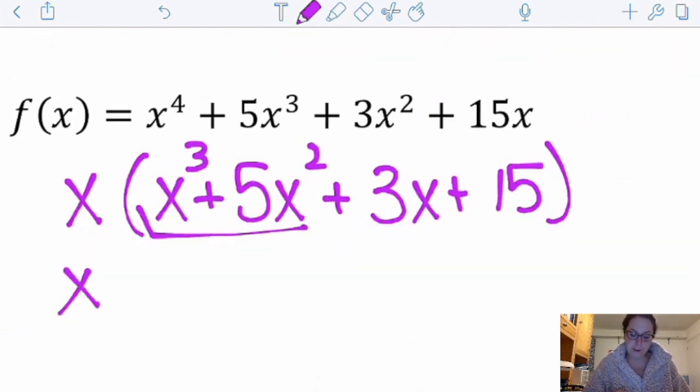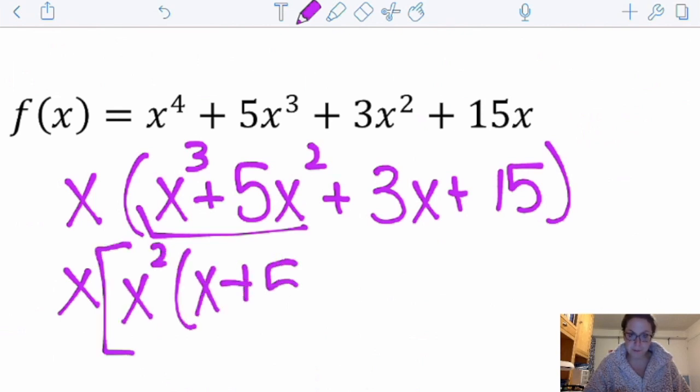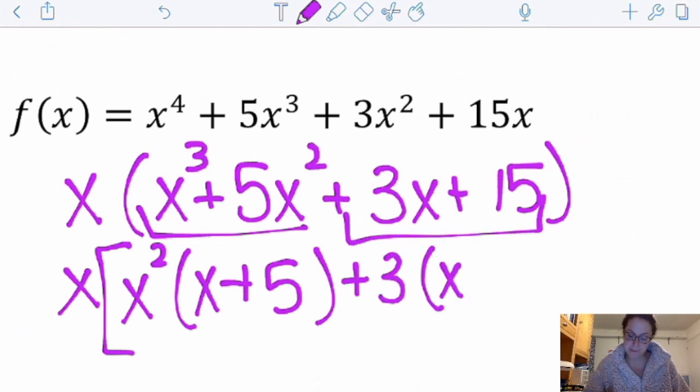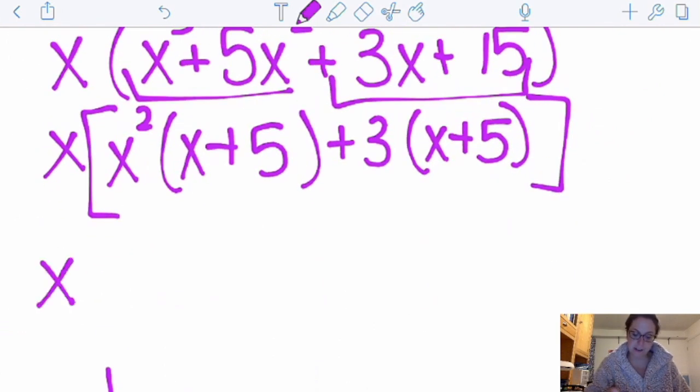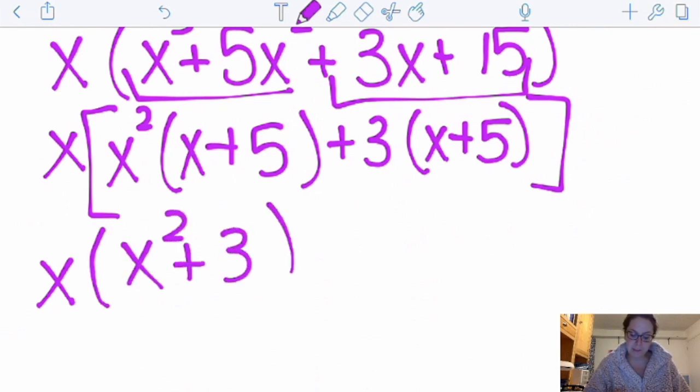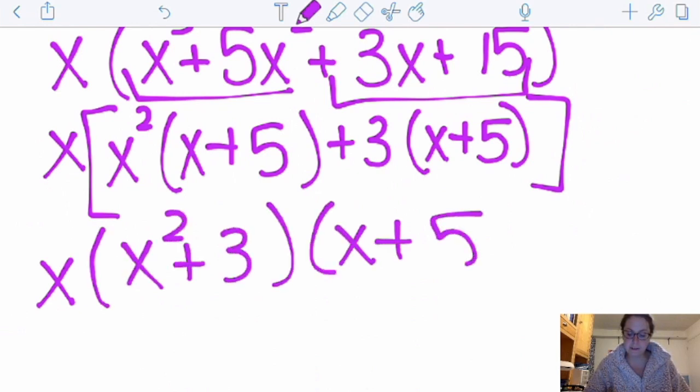So group the first 2. I can take out an x squared. Group the second 2, I can take out a 3. And that's going to give me the x that I had out front still. And then x squared plus 3 and x plus 5.